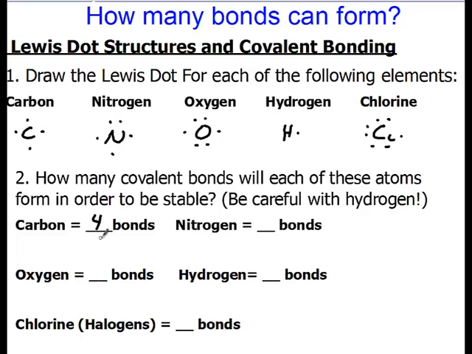Doesn't have to, but we can get up to 4 bonds. Nitrogen has 3 binding sites, so it needs 3 more spots to be filled for it to get up to 8. Oxygen has 2 binding sites, and hydrogen has 1. So that means that we can have up to 4, up to 3, up to 2, and hydrogen will only form 1 bond. It'll never form more than that. Chlorine, it only has 1 binding site also. So it will only form 1 bond also.